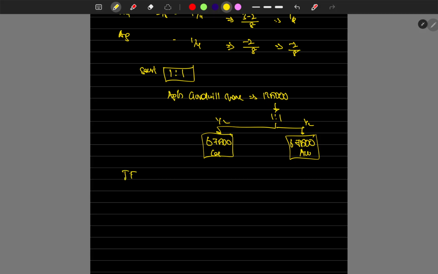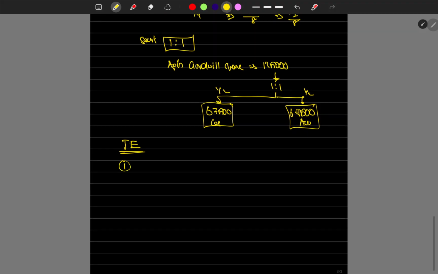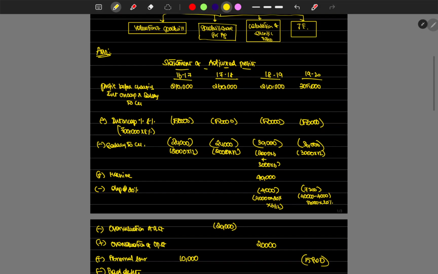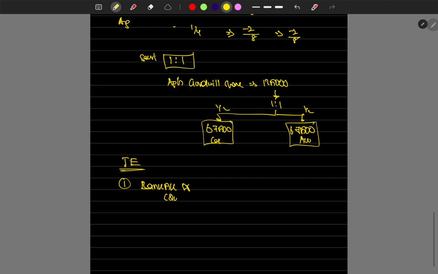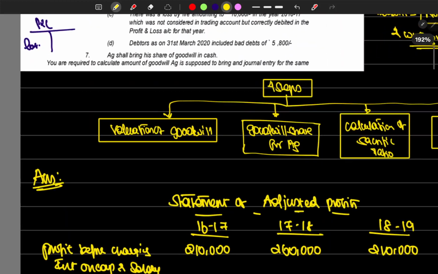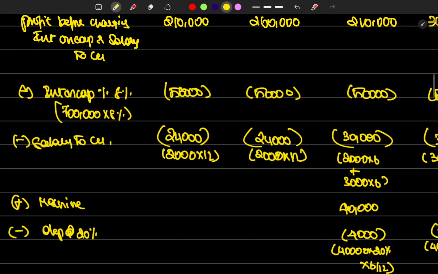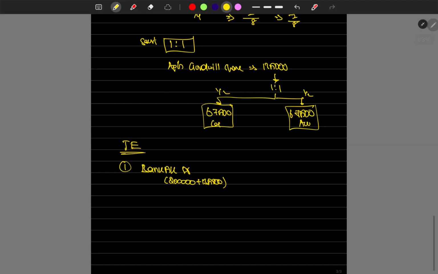Now we are going to give the journal entries, right? First, AG brings money to the firm, which is how much he brought as capital, which is 2 lakh, plus he has to bring 1,35,000 also, right? Because in the question they said AG shall bring his share of goodwill in cash. So he brought the capital also, he brought the goodwill share also. So 3,35,000 is the amount brought by AG to AG's capital account.